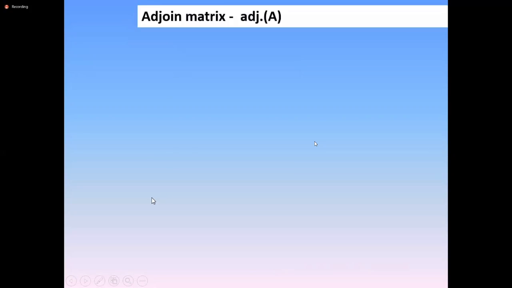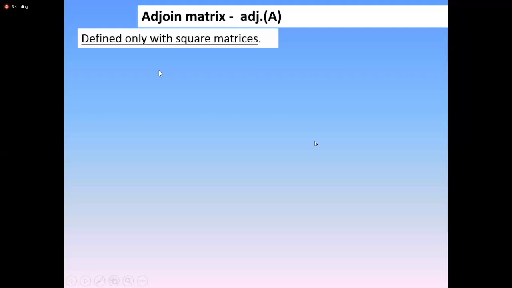Then we are going to define the adjoint matrix because in later times we need this adjoint matrix. What is meant by adjoint matrix? Defined only with square matrices.